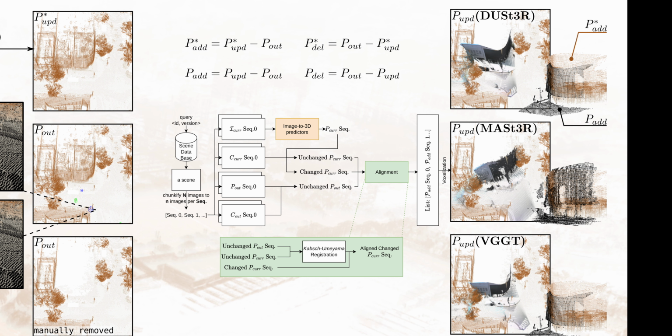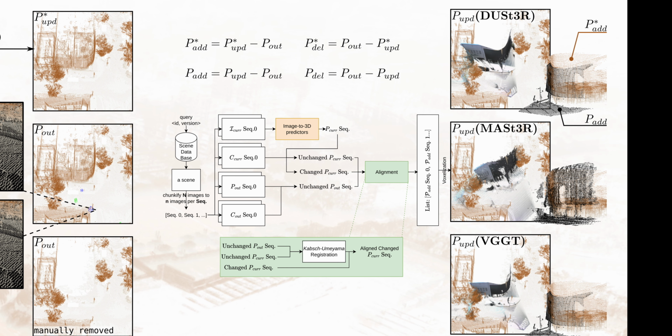To further analyze the performance of map updating, we compare the change part only, using this form. Here, the black one is the predicted point cloud, contributed by DUSt3R, and the brown one is the ground truth, which is the changed building, the missing building that needs to be covered. So we compare here: here is the DUSt3R one, and here MASt3R and VGGT.